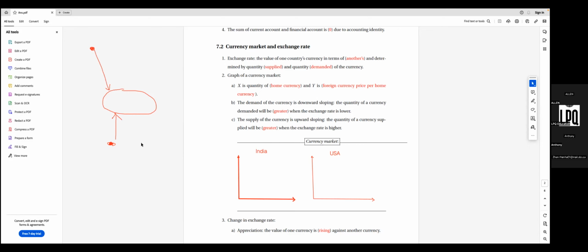So how do we add the labels? Remember, put the home currency label on the horizontal axis. So in the left-hand side graph, imagine you are Indian. Your home currency is called Q of rupee.